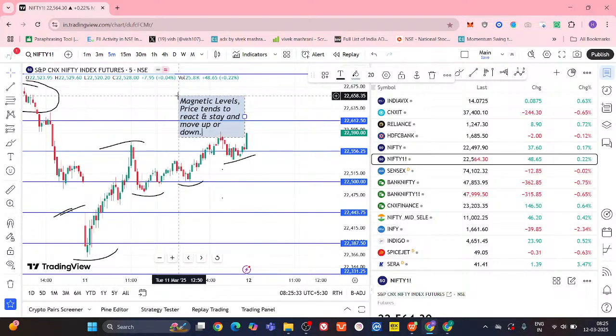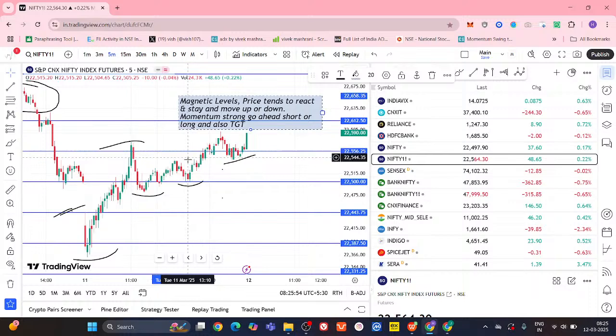It takes support or resistance, and if momentum is strong, you can just go ahead short or long. Also, these can be your targets. It can be your target pending order. You can place it. If you bought, for example, if you're long here, you exit.